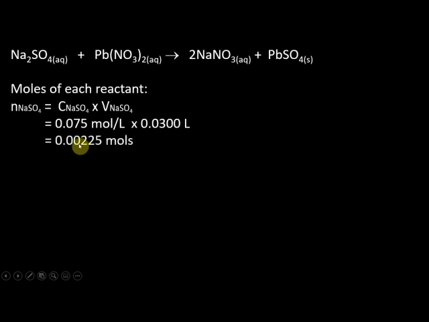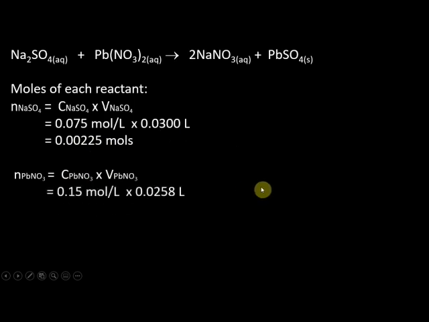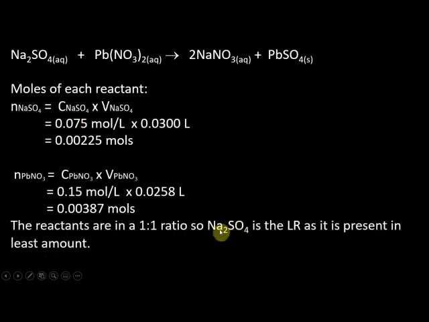We get 0.00225 moles. For the number of moles of the lead 2 nitrate, same calculation, we get 0.00387 moles. So we have less of this, so the sodium sulfate is our limiting reagent.